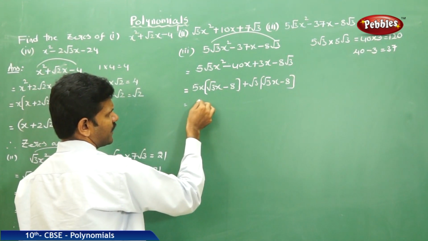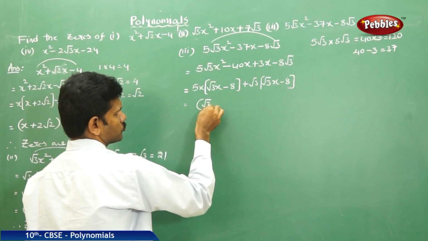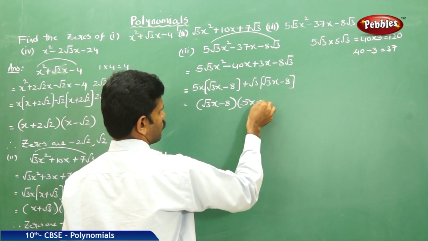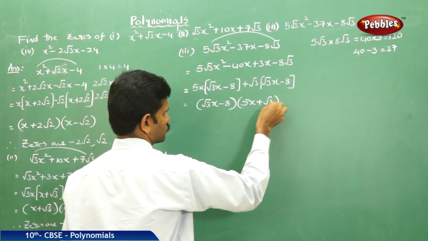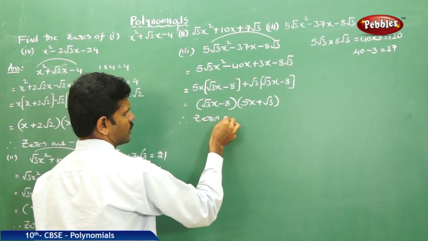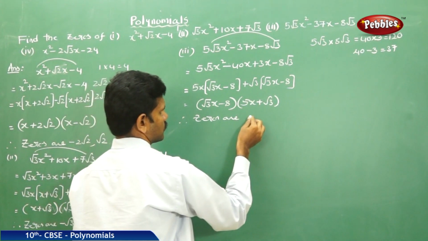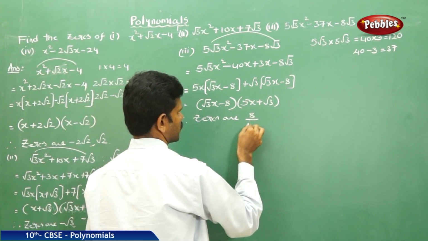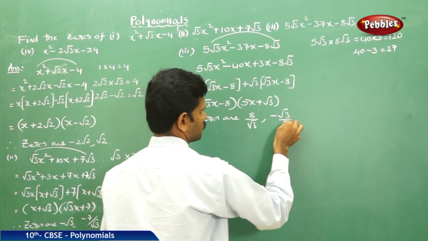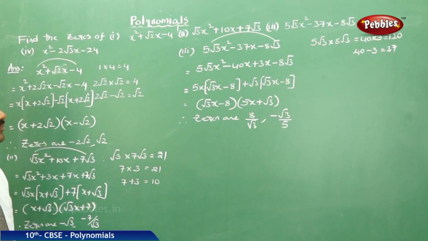Therefore common factor is root 3x minus 8 and the other factor is 5x plus root 3. Therefore zeros are 8 by root 3 comma minus root 3 by 5 are the zeros.